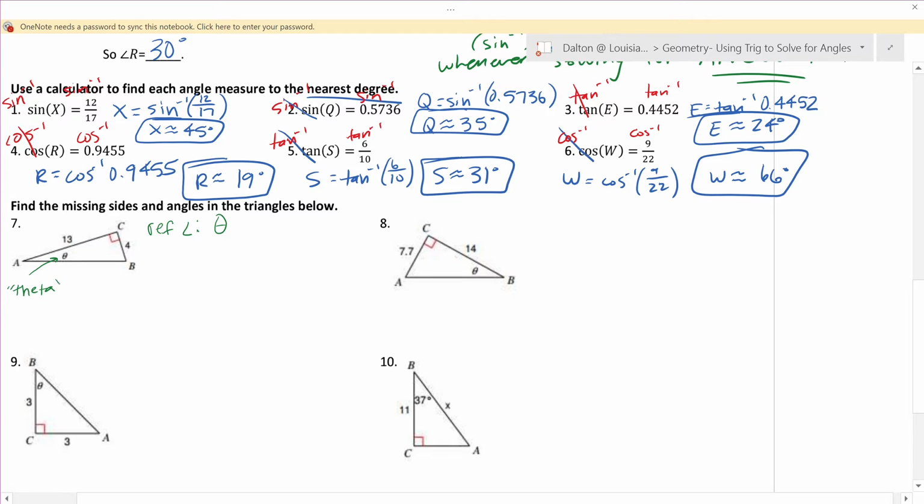It's a Greek letter that looks almost like a zero with a little dash through it, and all it is, is just a variable. So instead of using an A or a B or an X, typically in trig we use Greek letters for variables. If you prefer using an X, that's fine too. It's the same thing.